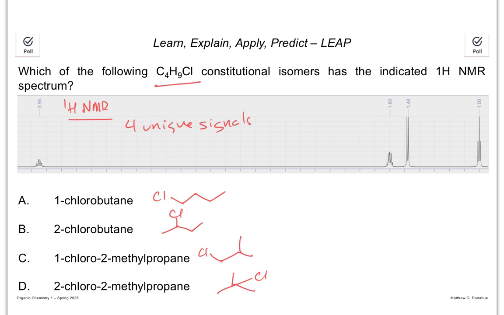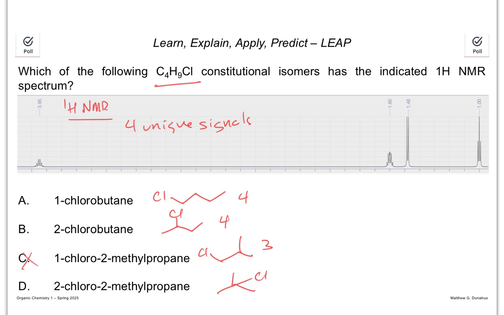So 1-chlorobutane has 1, 2, 3, 4 sets. 2-chlorobutane, 1, 2, 3, 4 sets. 1-chloro-2-methylpropane, 1, 2, 3. The methyl groups are the same. So this one's out.